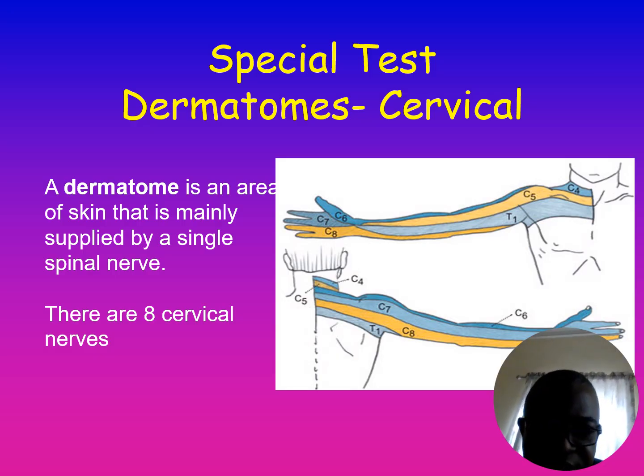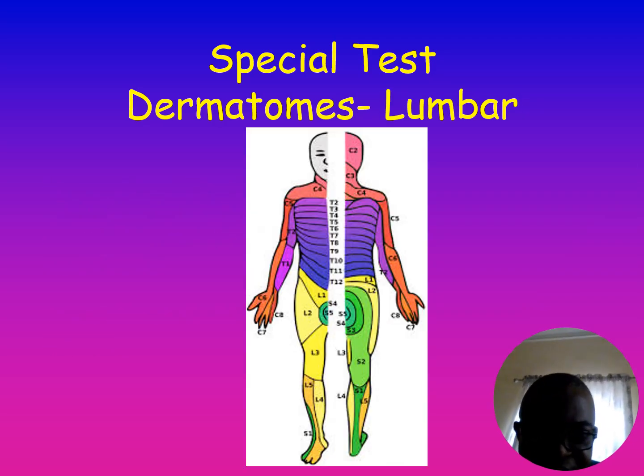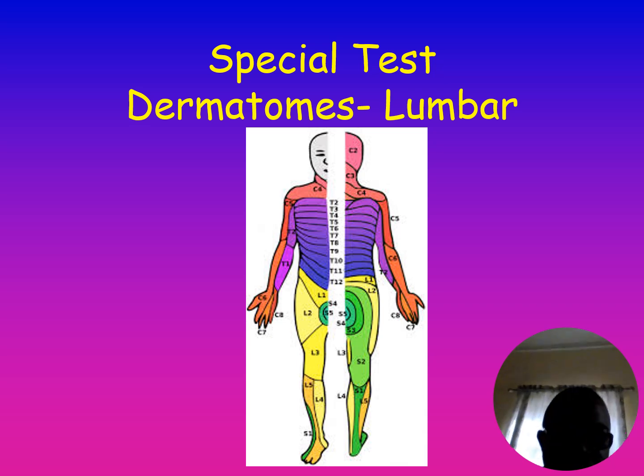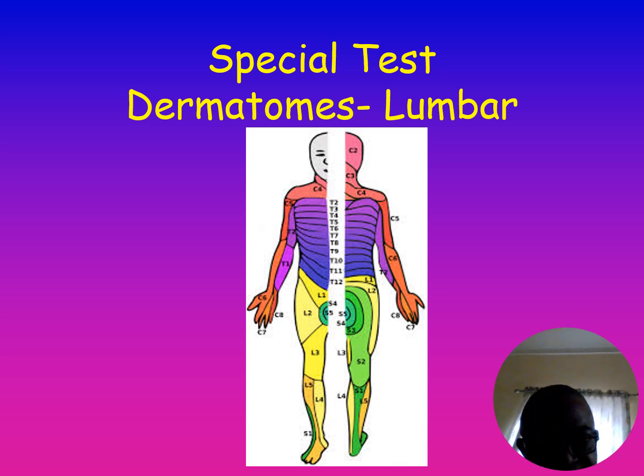Okay, so these are the dermatomes for the cervical spine, and we also have them for the lumbar spine, because that will have to manifest itself in the lower extremity, isn't it? So if there's lack of sensation, L1 is the one controlling the skin over the inguinal area.